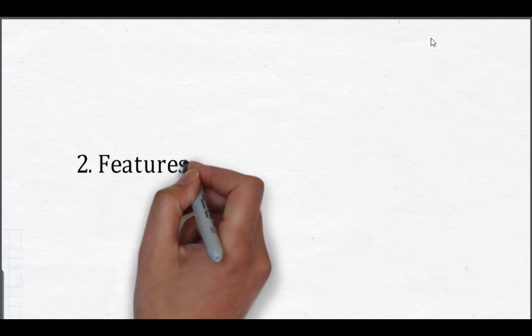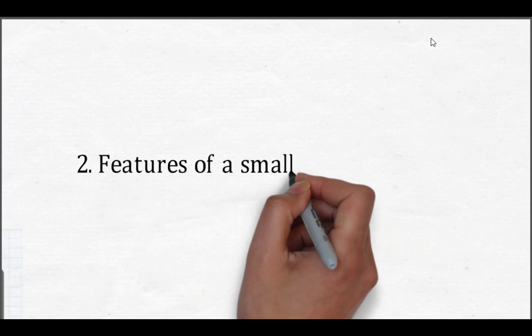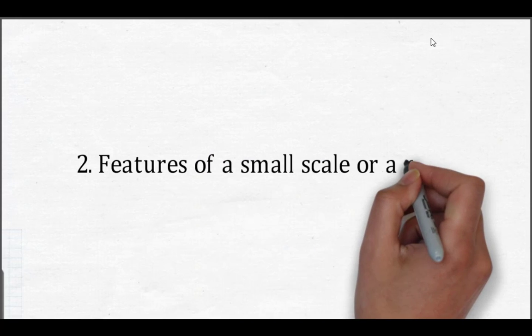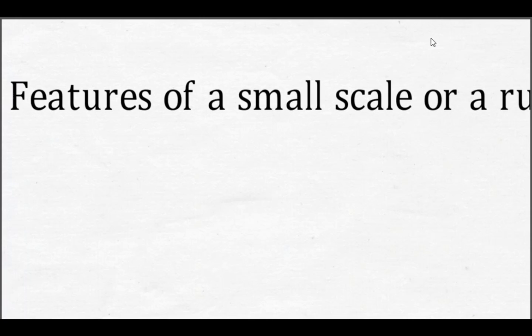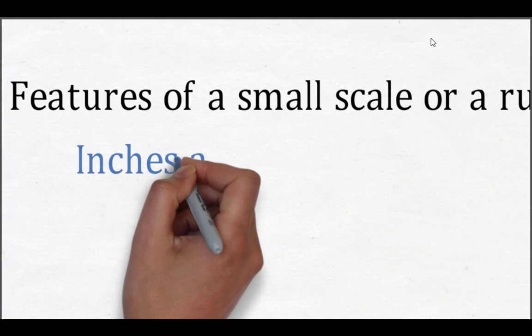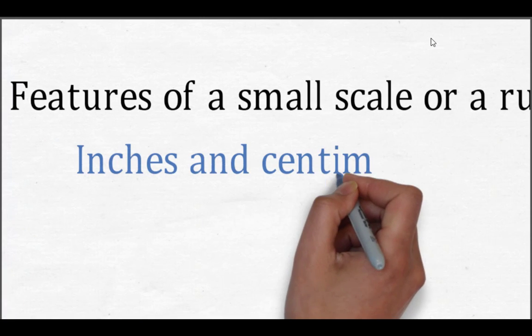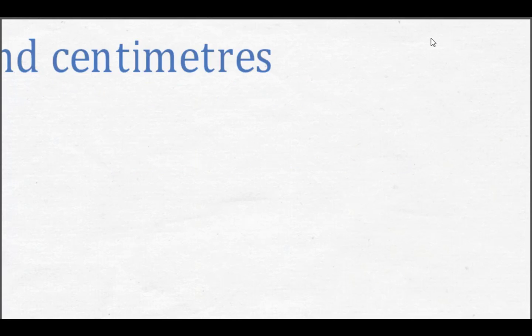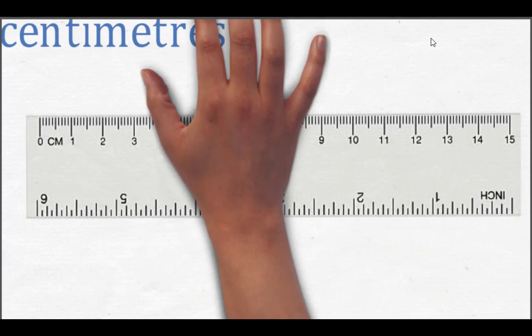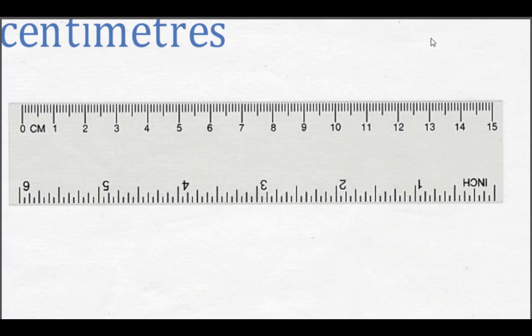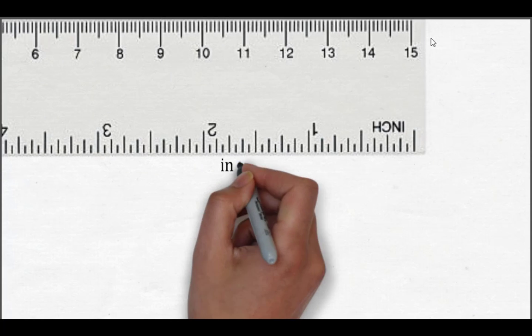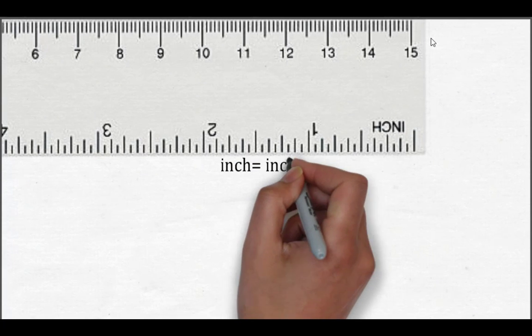Number 2, features of a small scale. What are its features? What does a small scale contain? First, inches and centimeters. Here we have a scale. Look very closely. Here on the below side it is INCH, which means inches.